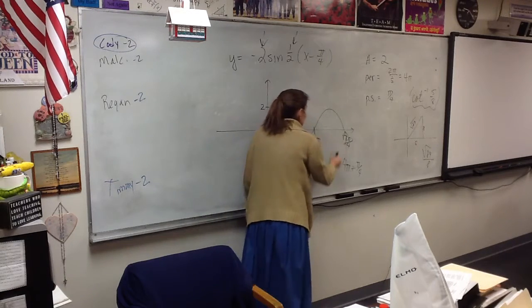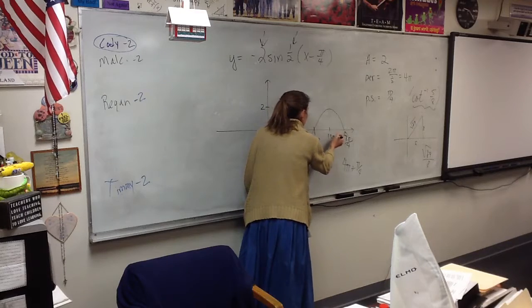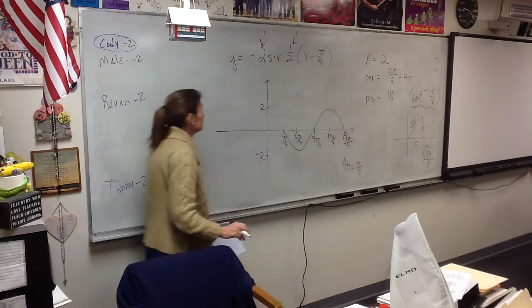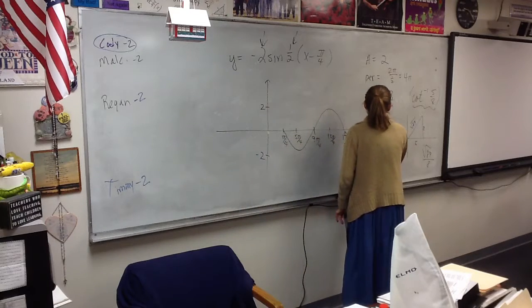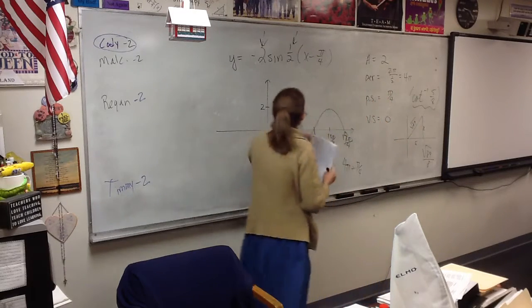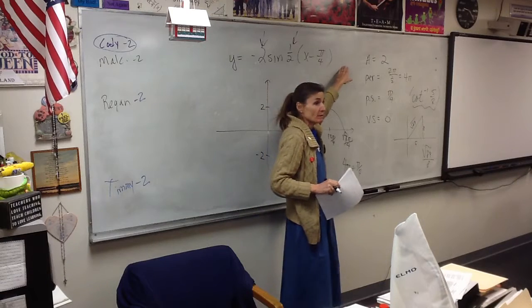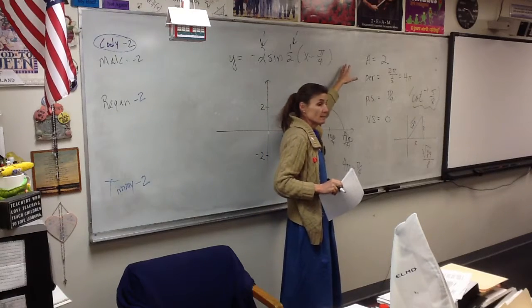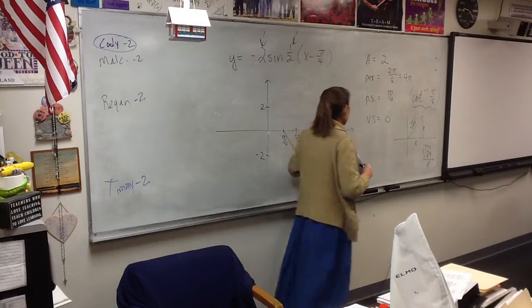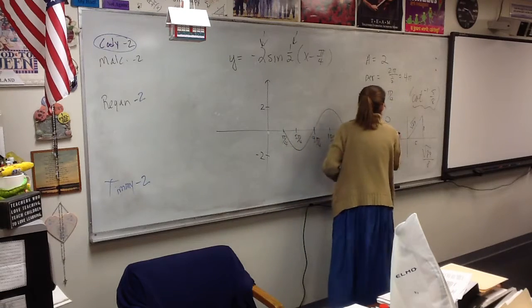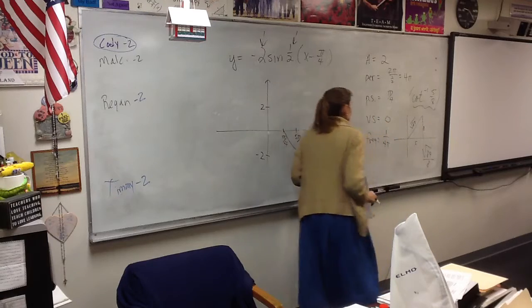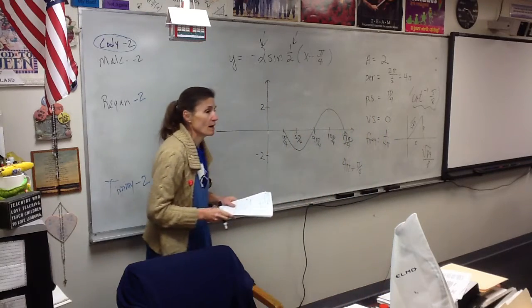And 9 and 17 is 26, and half of that is 13. This problem has no vertical shift because there's no number tacked on to the end. And its frequency is the reciprocal of its period, so 1 over 4 pi.